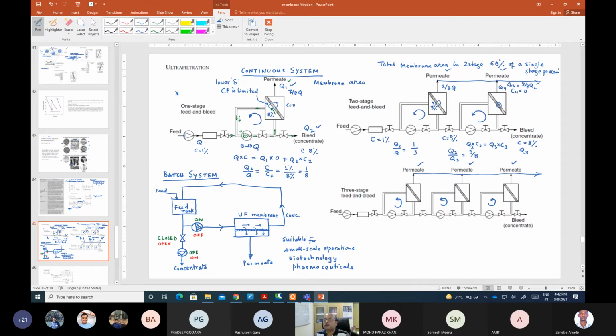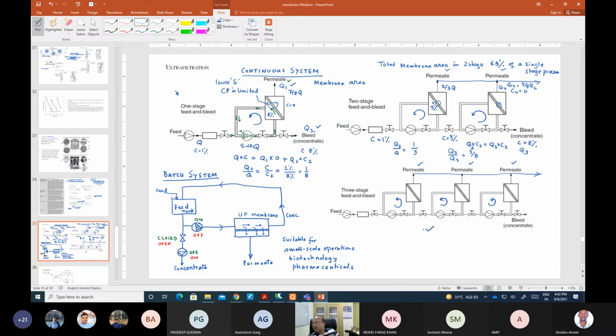So this is what we get, and also as you add more stages, your membrane area requirement will be lower, and your fouling tendency will be much lower in these cases.